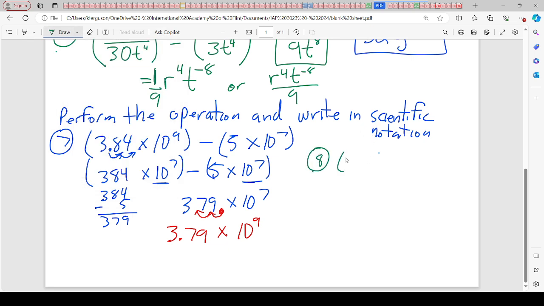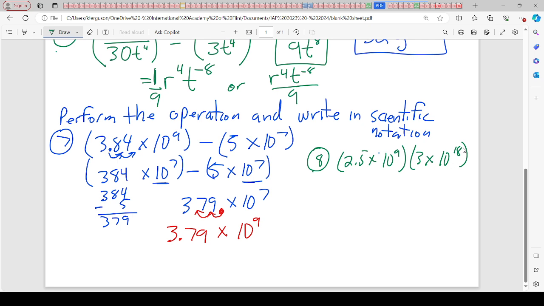So now I've got 2.5 times 10 to the ninth multiplied by 3 times 10 to the 18. So now, when we add or subtract scientific notation, you need to change your powers to where they're the same.